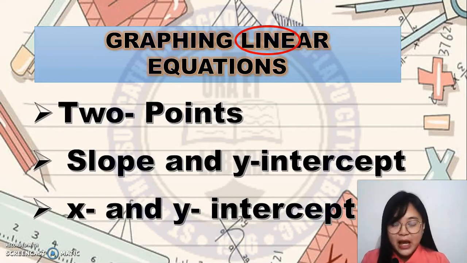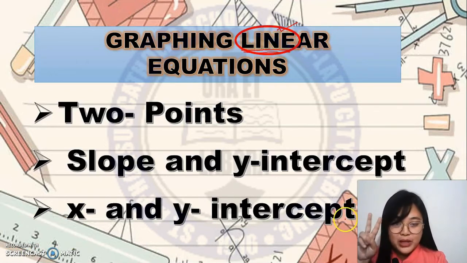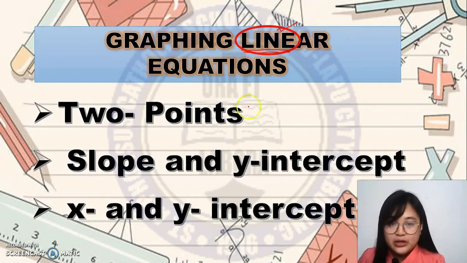Our mission in this topic is to graph the linear equation, and the graph of a linear equation is a line. For today, we're going to discuss only the first 2 methods, which are the 2 points and the slope and y-intercept method.